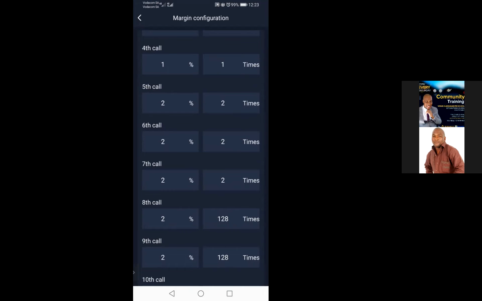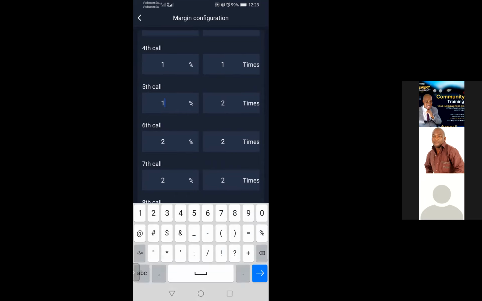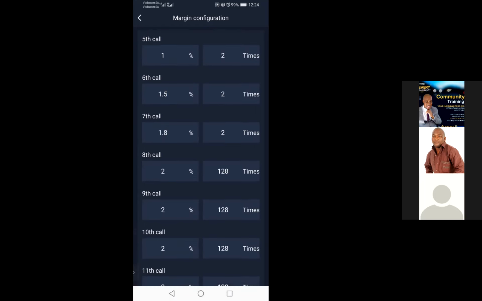I'll give you the variables, and then we'll just put them in. On call number 5, it's going to be 1%. Call number 6 is 1.5. And then call number 7 is 1.8. And then call number 8 and 9 is 2%.